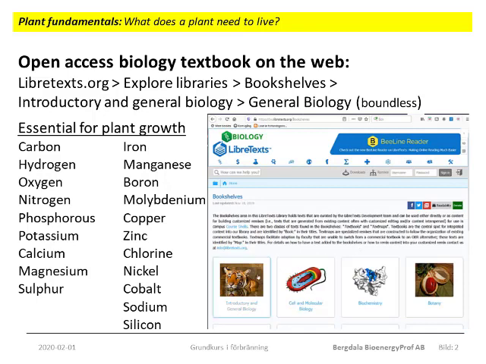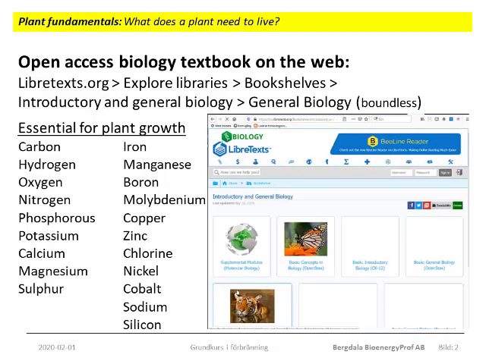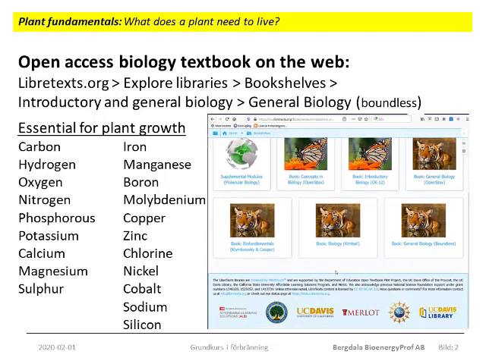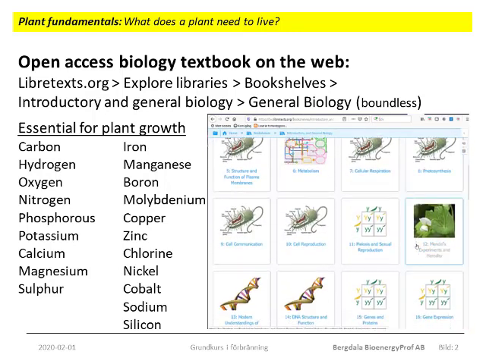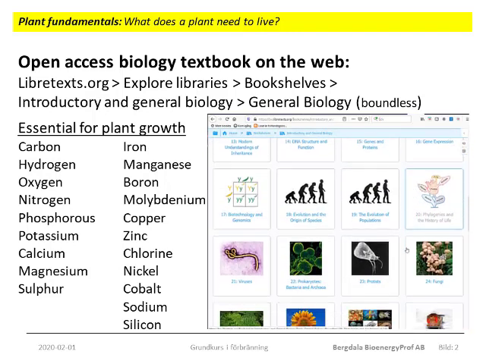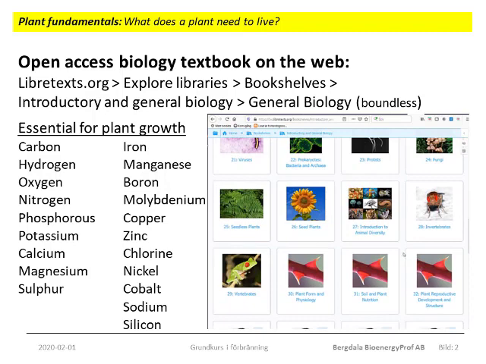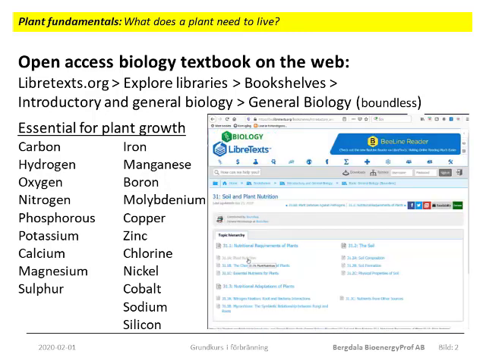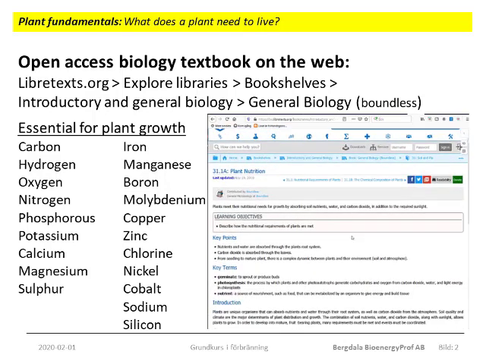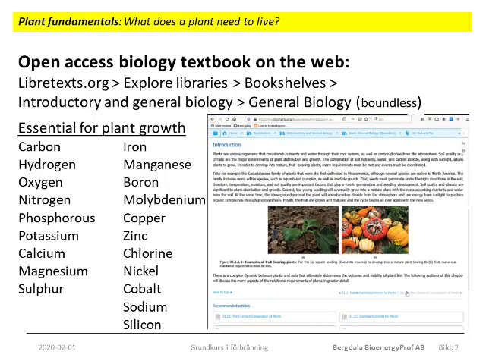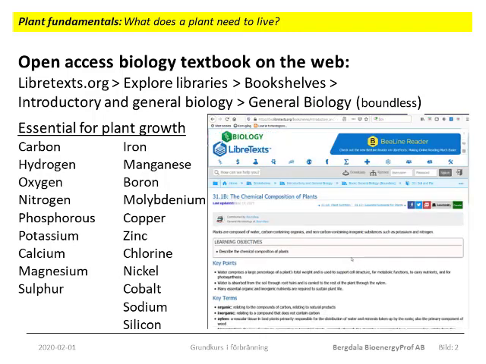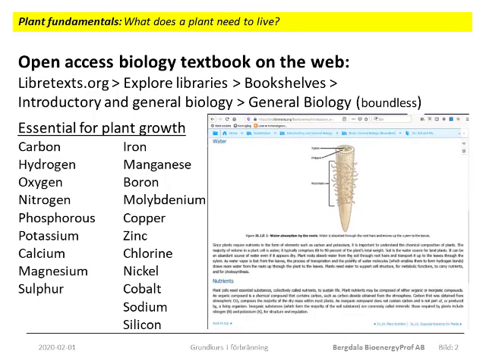Then open the menu tab, explore the libraries, and go on to bookshelves, and then go on to Introductory and General Biology. Open the book General Biology, Boundless. Go to chapter 31, Soil and Plant Nutrition, and work your way through sections A, B, and C. You will notice that the texts are short, but they are important.